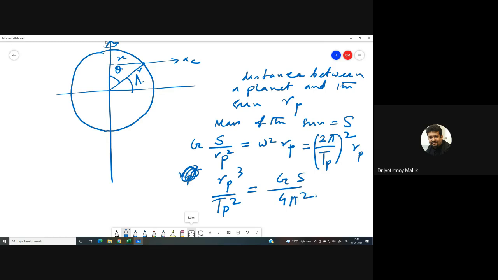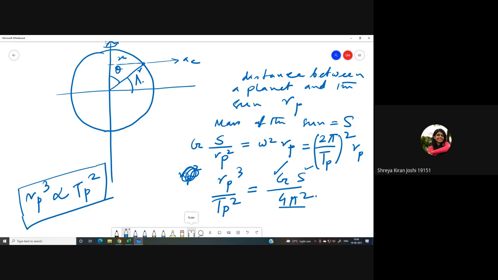Now you can see G is a constant. The mass of the sun is constant. It's not going to change. And 4 pi square is of course a constant. So Rp cube is directly proportional to Tp square. Now what have we derived just now? Rp cube is directly proportional to Tp square. Which law is this? Kepler's law. This is Kepler's third law.